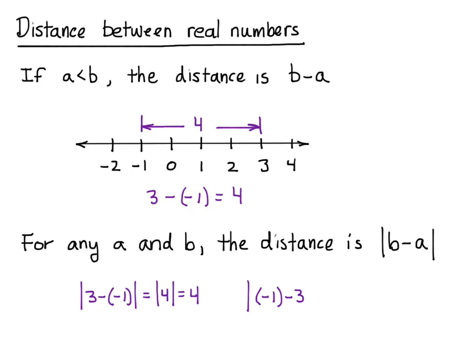You'll get the same number. If it's 3 minus -1, you get 4. And if it's -1 minus 3, when you take the absolute value, you'll get 4. So the size of that difference is indicated by the absolute value sign. It gives you a positive number or a zero that indicates what that distance is.